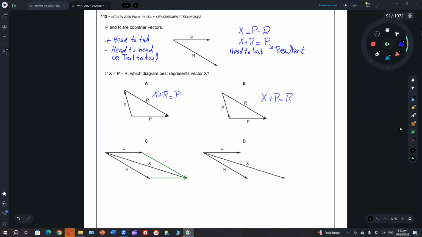I made a parallelogram, which is a famous thing. Just revising because it's a very good thing to remember.